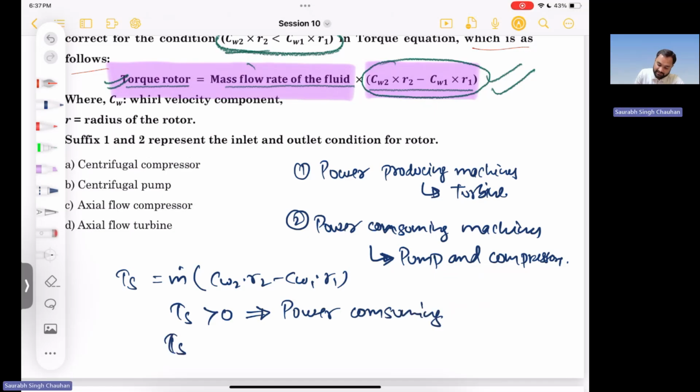And machines for which TS is negative are power producing.